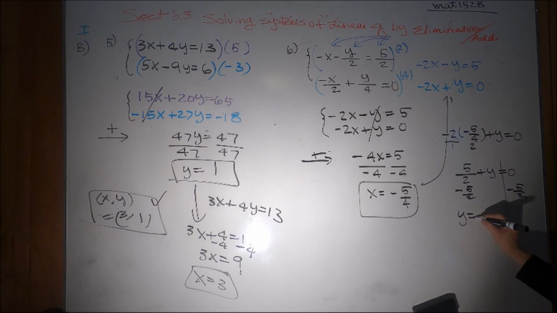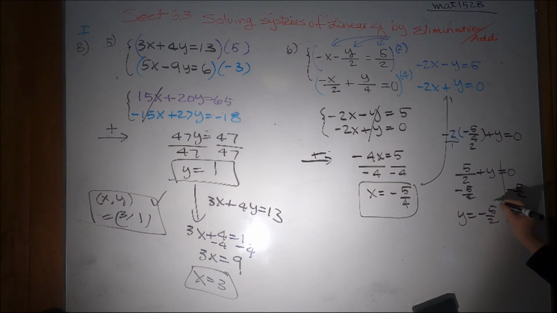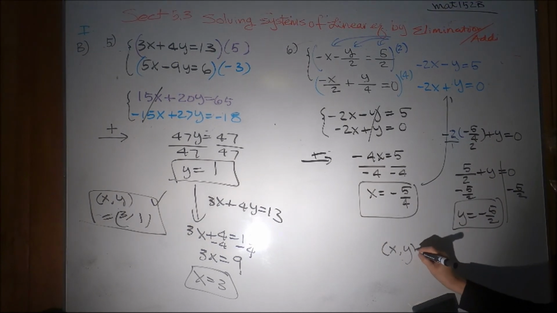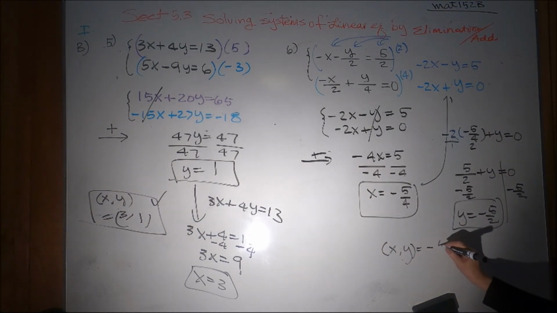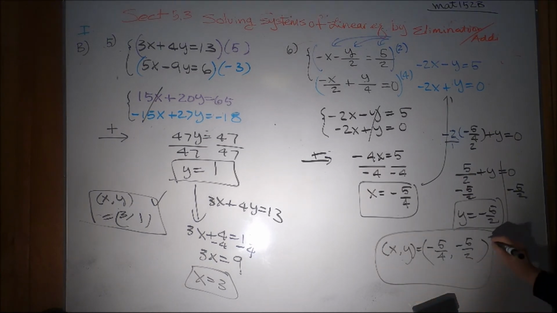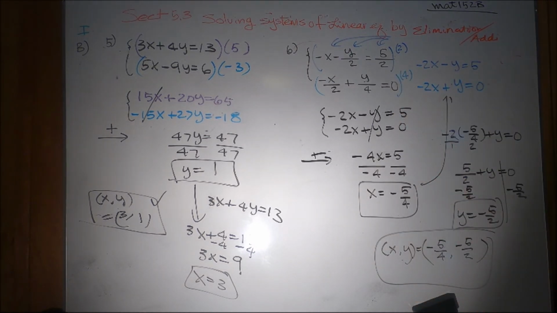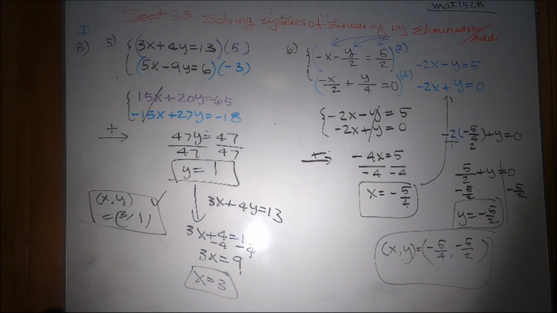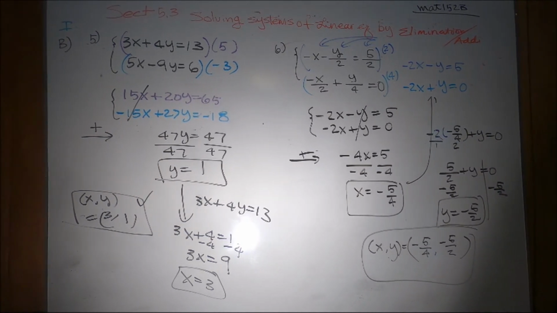So y is negative 5/2. So your answer for the ordered pair is, right? Of course, usually we will check, but it's complicated. But you should be able to check as well to make sure it's correct.